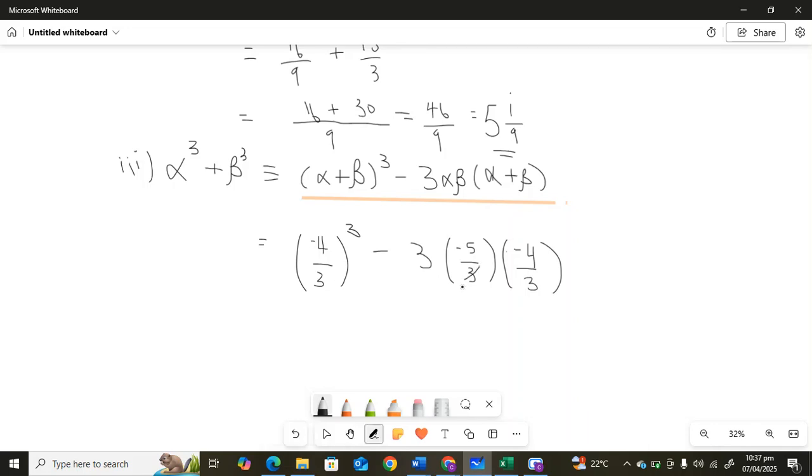So these 3, okay, no, let me first operate with the fractions here. Negative 5 times negative 4, that is positive 20. 3 times 3, that is 9. Negative 4 cubed. Colleagues, what is that? Negative 4 times negative 4 times negative 4.